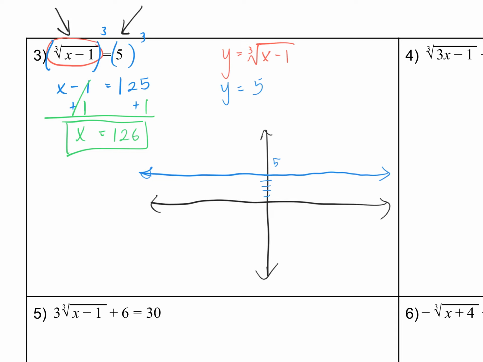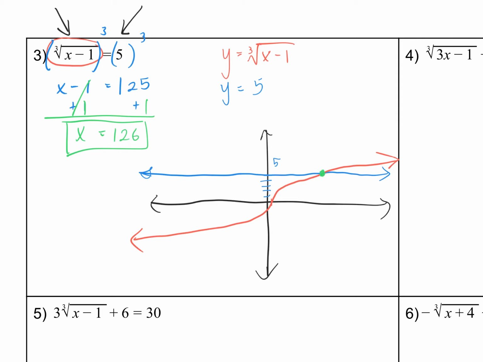And then if I graph y equals cube root of x minus 1, that's a cube root function that's maybe shifted to the right one. So if it's a little bit skewed, or if we scale accordingly, I should get a graph that looks something along the lines of this. And I should see that both graphs intersect at this one point.